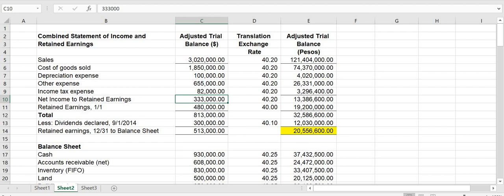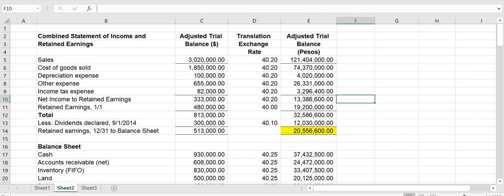Other expenses, 655,000 times 40.2, 26,331,000, and then income tax expense is 3,206,400. So sales less all the expenses, you have a net income of 13,386,600.